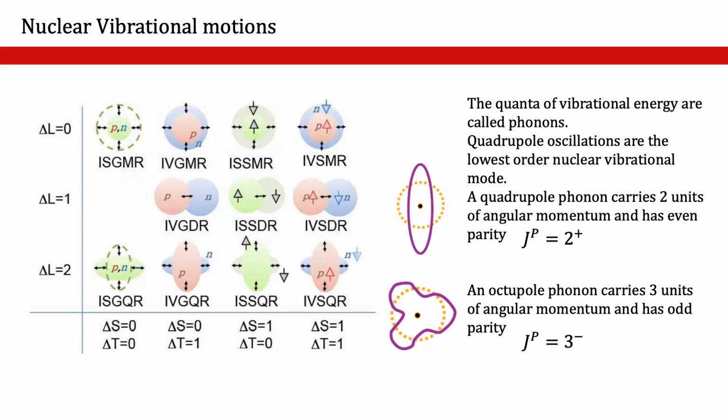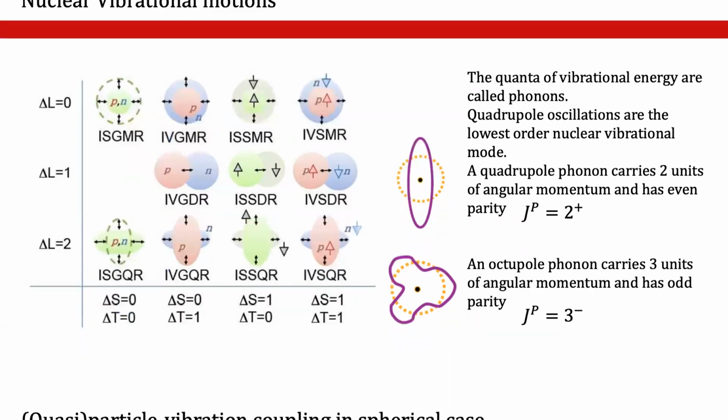The quanta of the vibration energy are called phonons. And in these slides, we show different kinds of collective motions. Particularly, we are interested in quadrupole and octupole resonance. The quadrupole oscillations are the lowest order of nuclear vibration mode. Quadrupole phonon carries 2 units of angular momentum and even parity, and octupole phonon carries 3 units of angular momentum and has an odd parity.